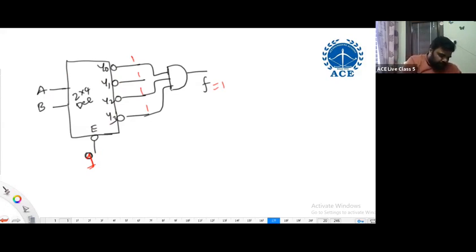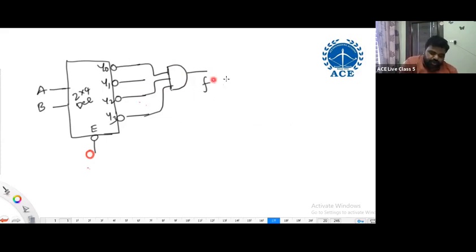But whatever I considered was enabling. Check it correctly. It is enabling only. Yes, it was 0. That is indicating it is enabling. Then what will be the function? This is AND function of 0, 2, 3. These are max terms.